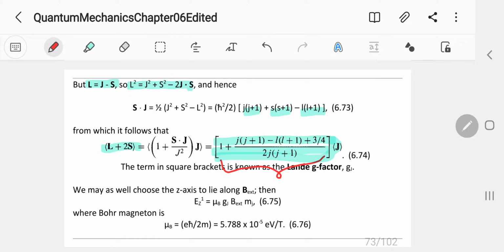Choosing the z-axis to lie along the external magnetic field, then our first correction would have to be this one, where the Bohr magneton is equal to this. That's here.